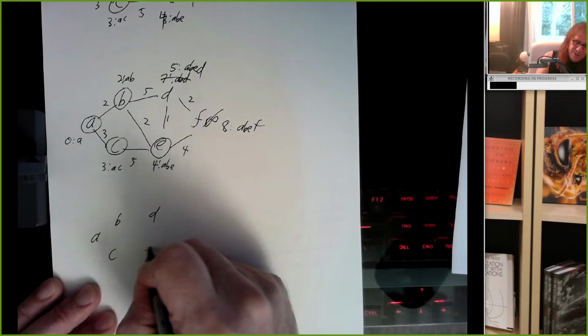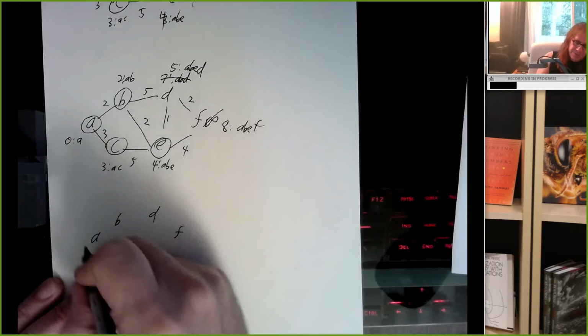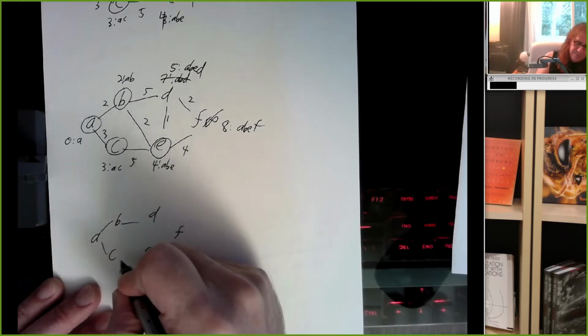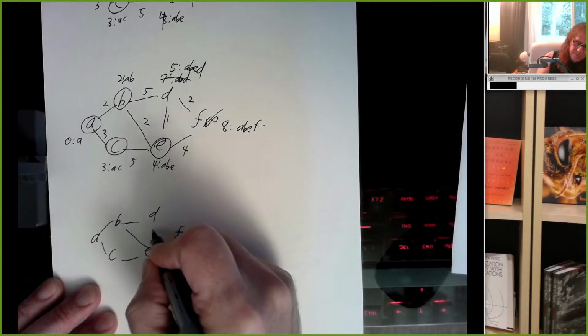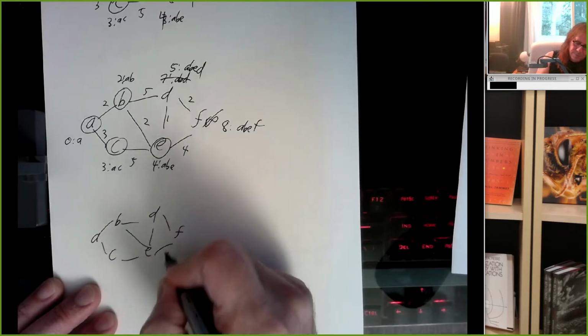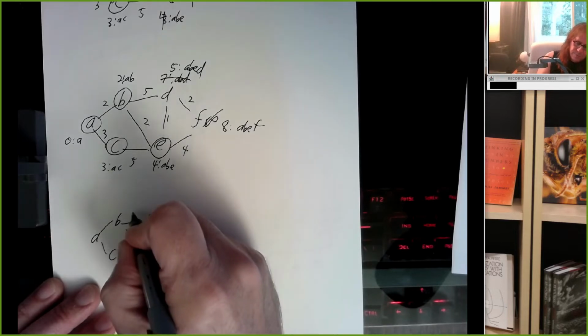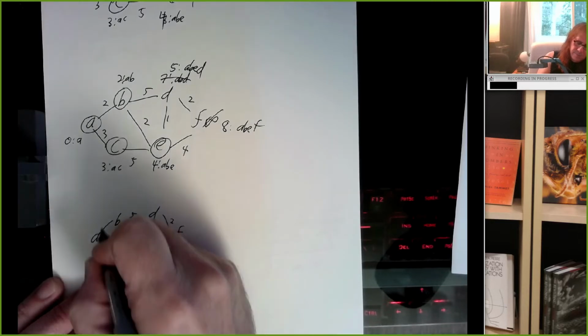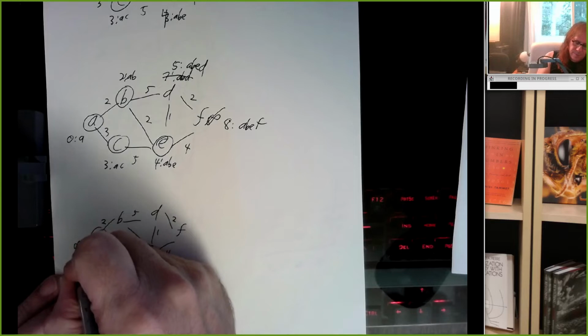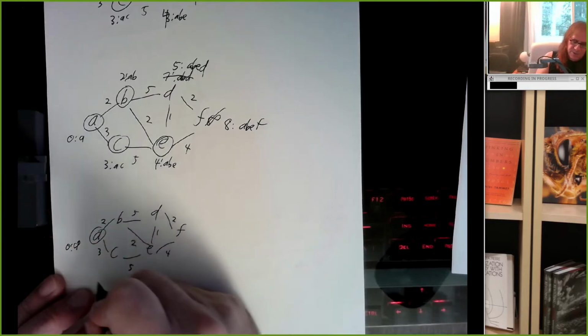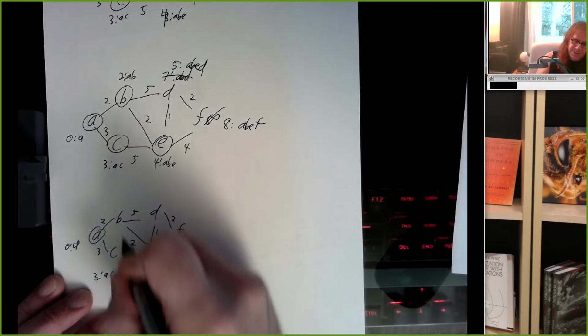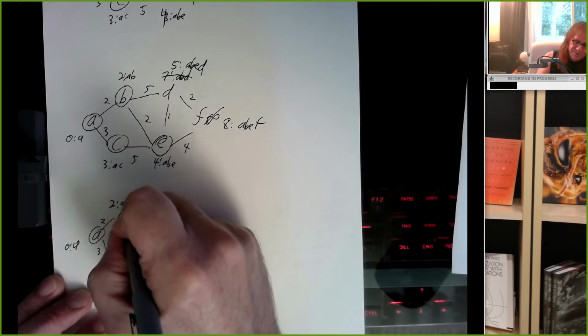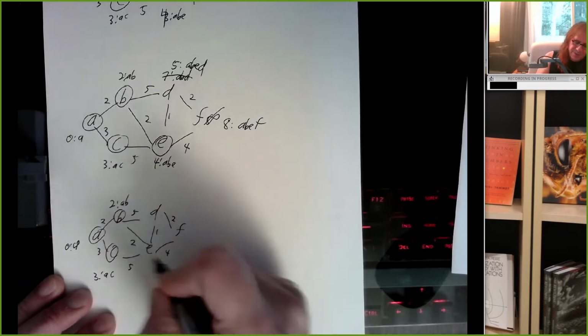And this may be the last one we have to do. So there's 0 to A, there's 3 for AC. There's 2 for AB. These are visited.